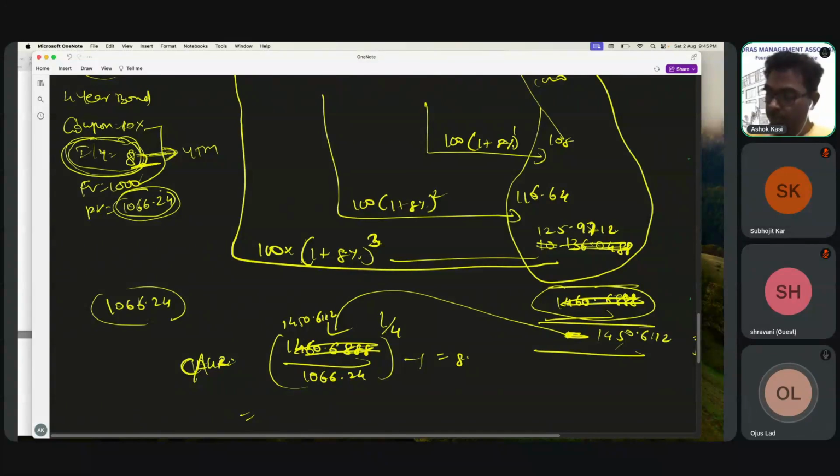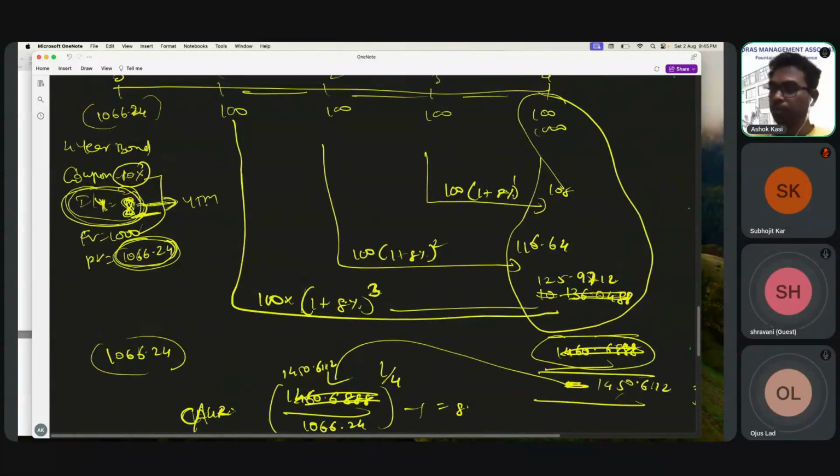Because I'm paying a premium here, 1066, even though I'm getting a 10% coupon, my interest rate is only 8%.